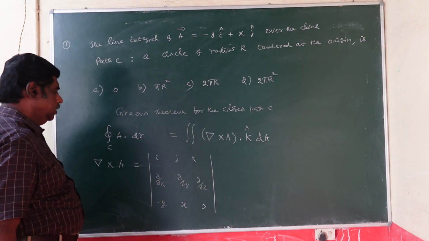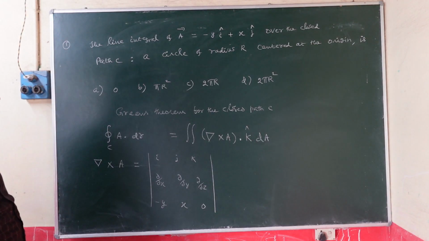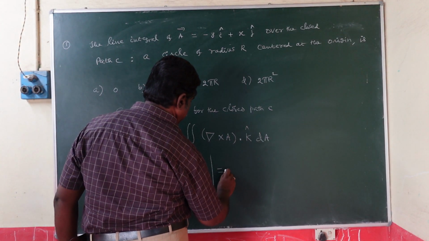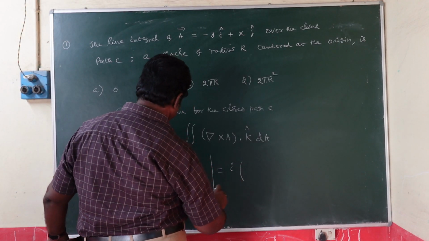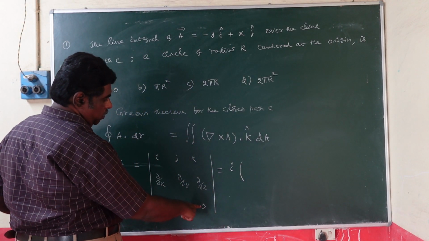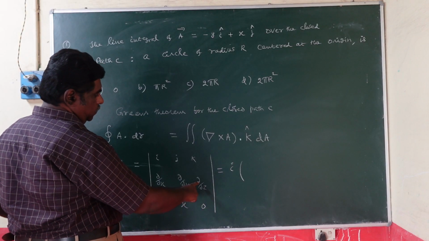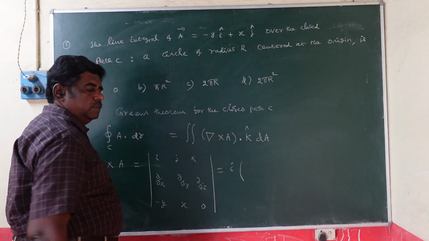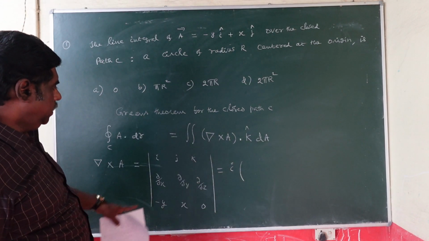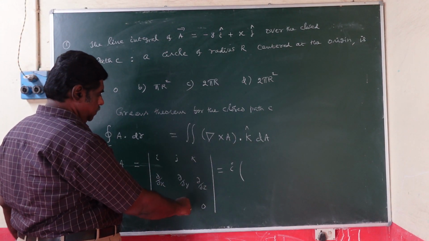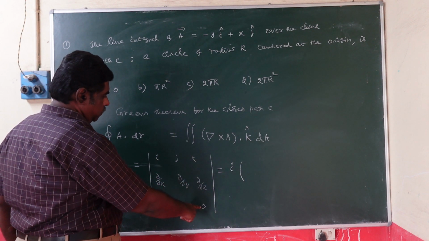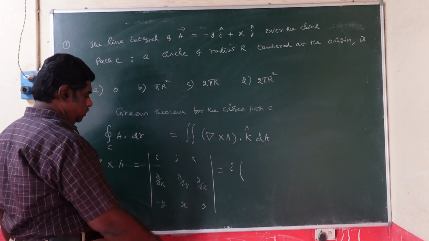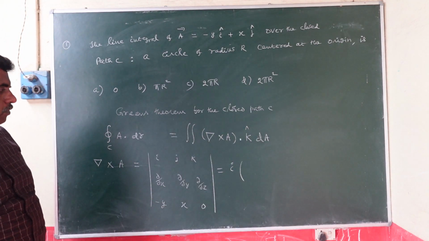If you take the determinant, this is equal to i into dou by dou y of 0 minus dou by dou z of x, minus j into dou by dou x of 0 minus dou by dou z of minus y, which is also 0.